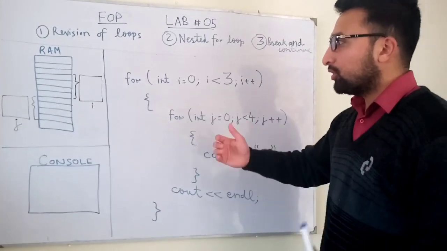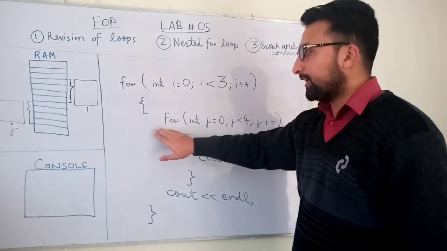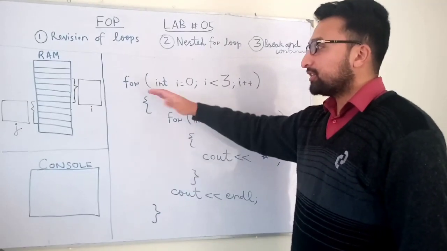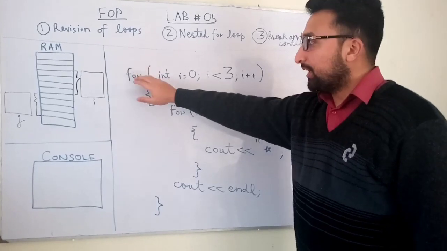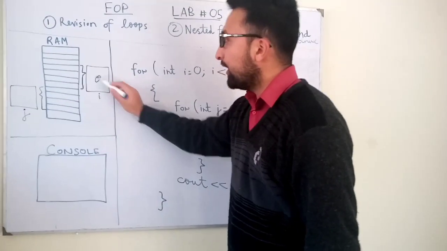It's just like the for loop that we studied before. There are two loops, an outer for loop and an inner for loop. We'll start with the outer for loop, of course. In the outer for loop, we have the variable i that gets initialized to 0 at the start.